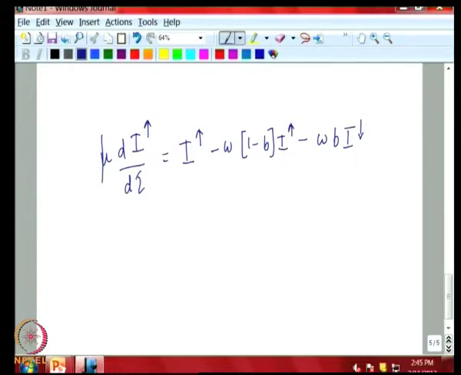So, we have made the equation symbolically very simple.